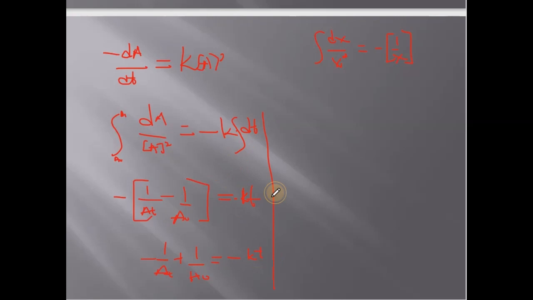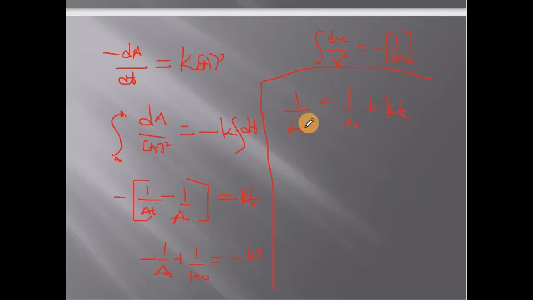From here, let's group like terms. Let's move the 1 over At to one side of the equation, then the kt to the other side. So if you move the 1 over At to this side and the kt to this side, we are going to have 1 over At equal to 1 over A naught plus kt.